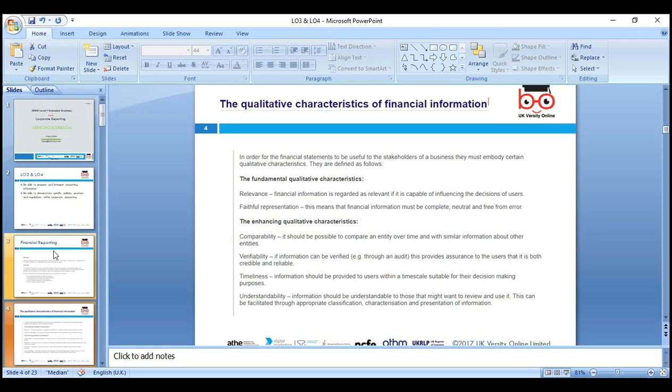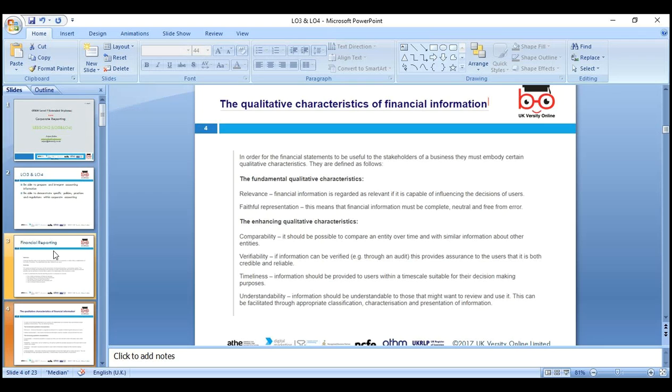Further, there are enhancing characteristics of financial statements which we need to follow as accountants. Comparability: it should be possible to compare an entity over time with similar information about other entities. Entity means the organization; with the same businesses, we can compare with other businesses.